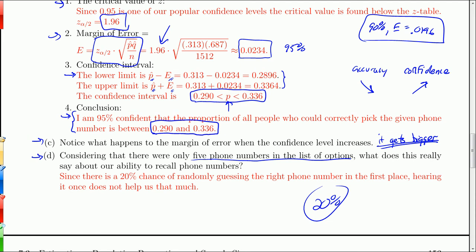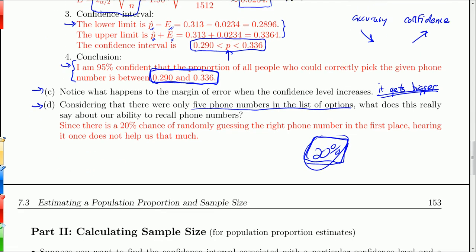And what we see from this little survey is that between 29 and 33% of us can pick the right phone number. That actually is worse than it sounds, because 20%, monkeys could hit 20%. So we're only about 9 or 10% above random guessing when it comes to recalling phone numbers, which makes sense. I have trouble recalling phone numbers.